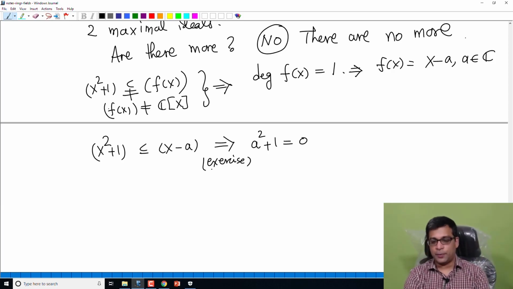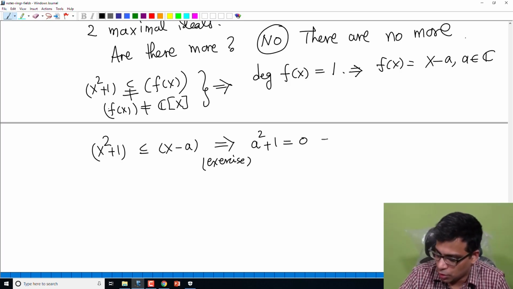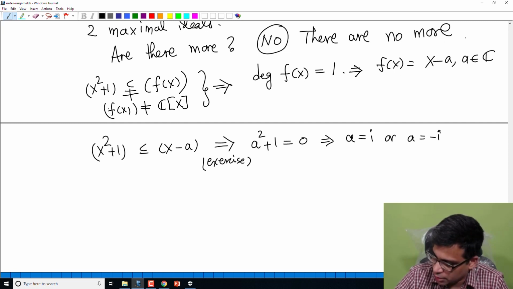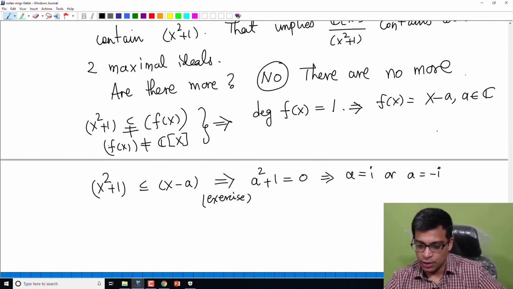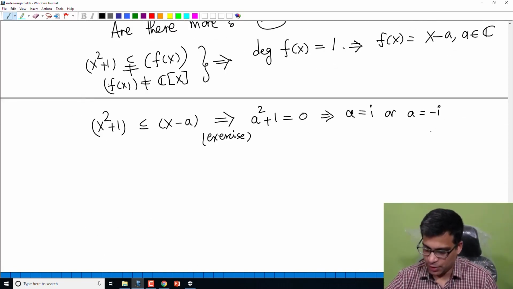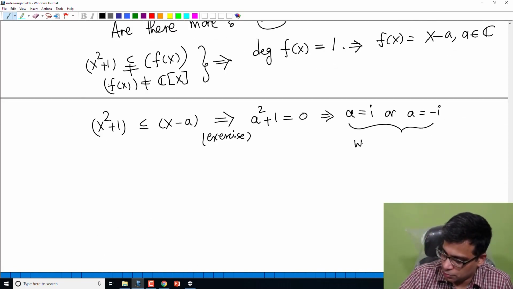Because x squared plus 1 belongs to x minus a, that means x squared plus 1 is x minus a times something. Now you plug in a on both sides, you will get that a squared plus 1 is equal to 0. But that means a is equal to i or a is equal to minus i. So these are the only possibilities. Remember that we already considered x plus i and x minus i.